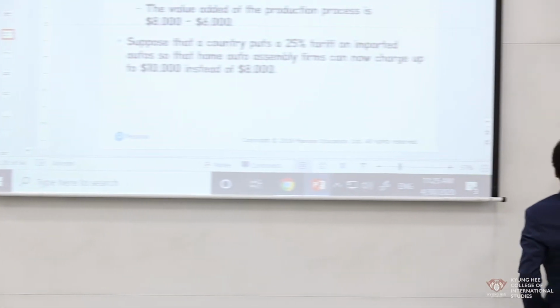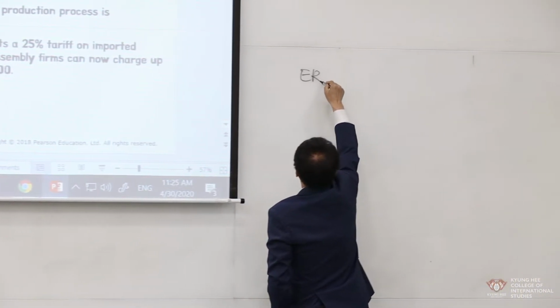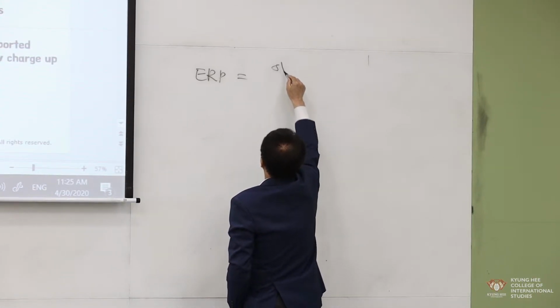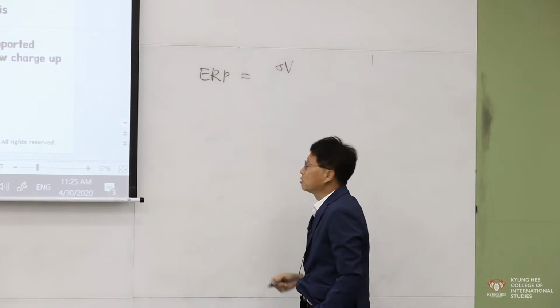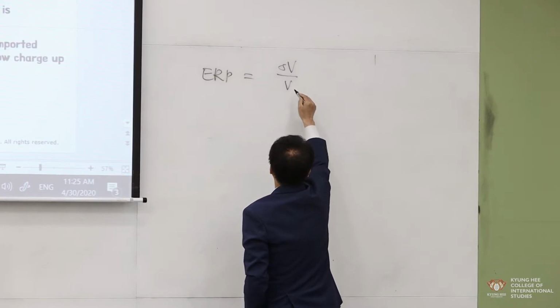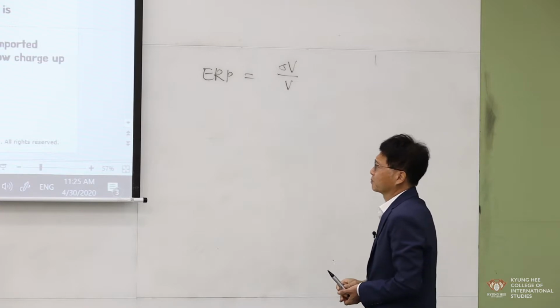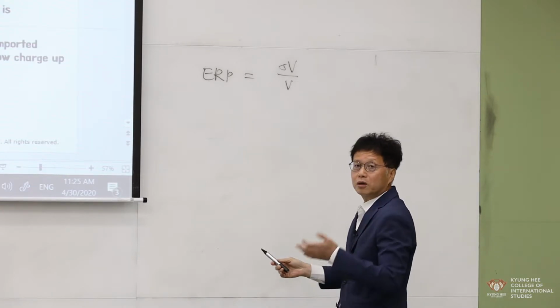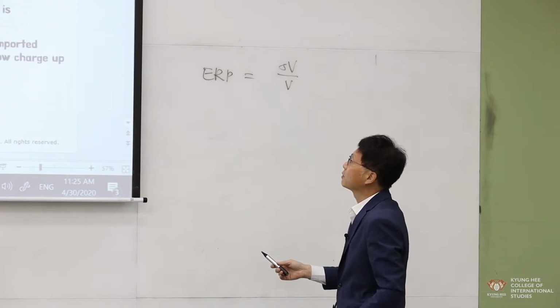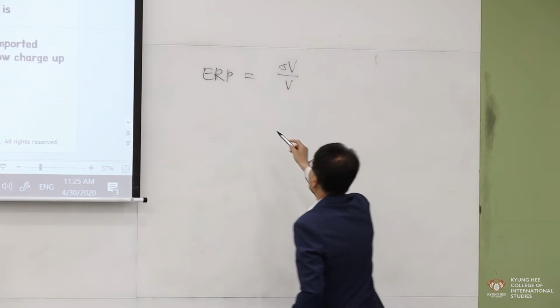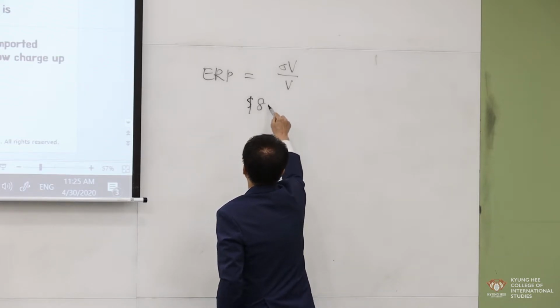Effective rate of protection means the change in value added over value added. Before imposition of the tariff, the automobile sells in the world market at $8,000.